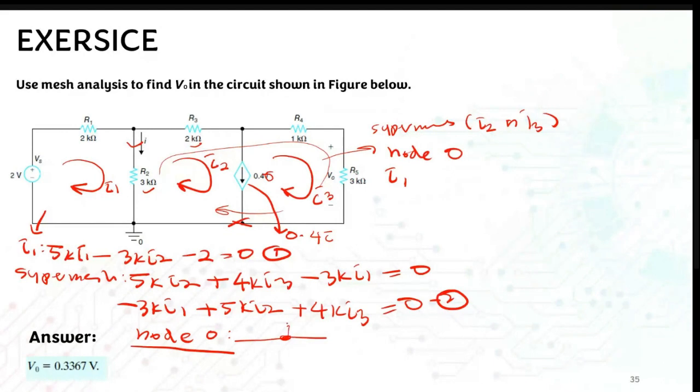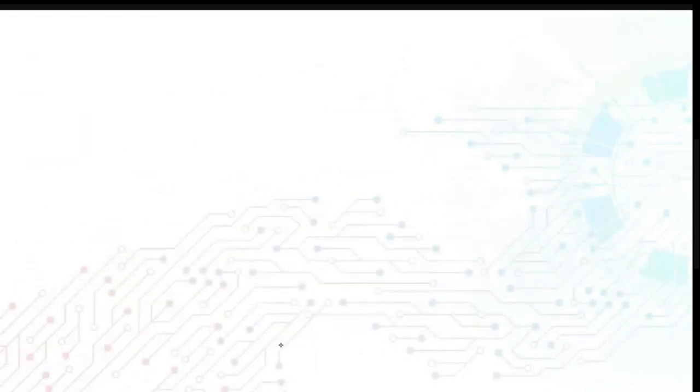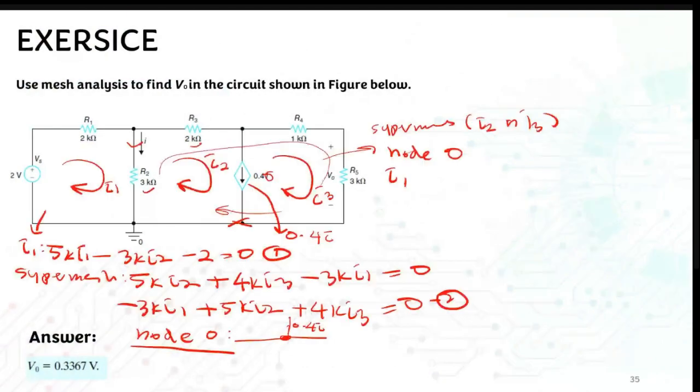Here the current is 0.5 I, which is entering this node, and then you also have this as your I2, and this one is your I3.